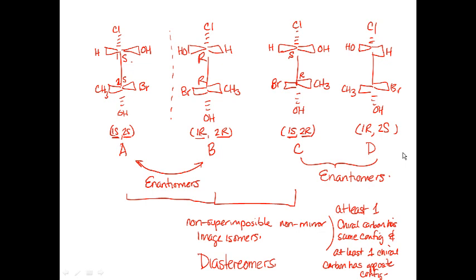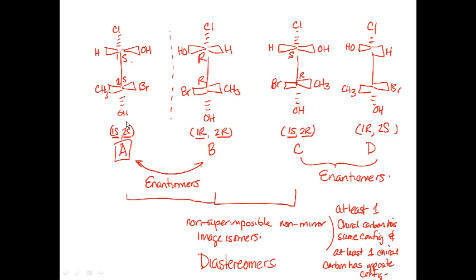Okay. So one of the things that is fundamental about chirality is that every chiral carbon can either have the S or R configuration. And so when you end up having pairs of molecules that are either enantiomers or diastereomers, the first thing we should note is that each molecule has one and only one mirror image.